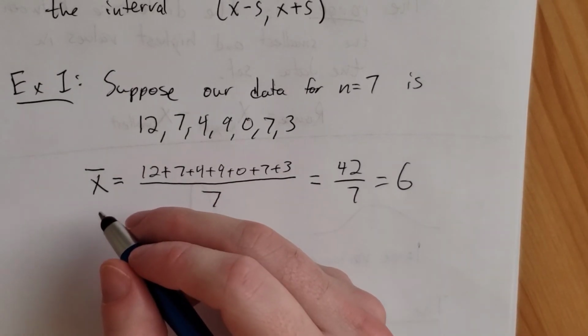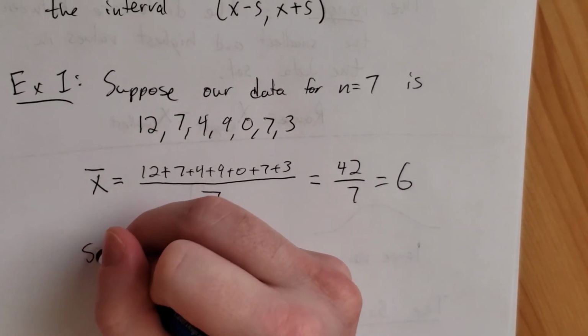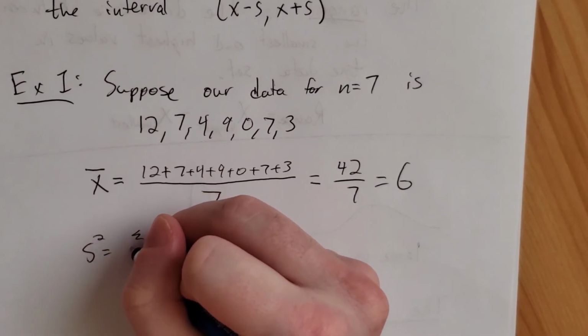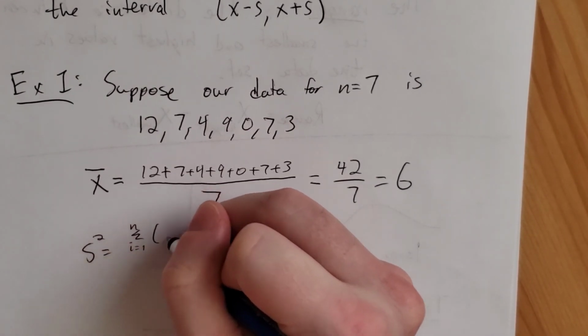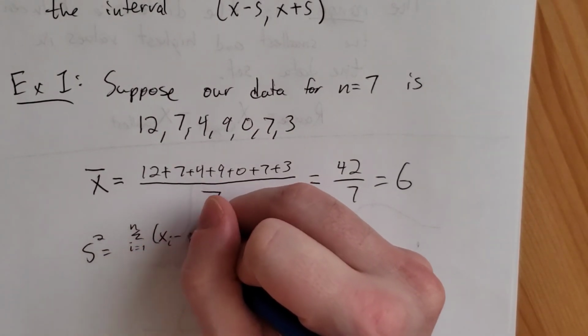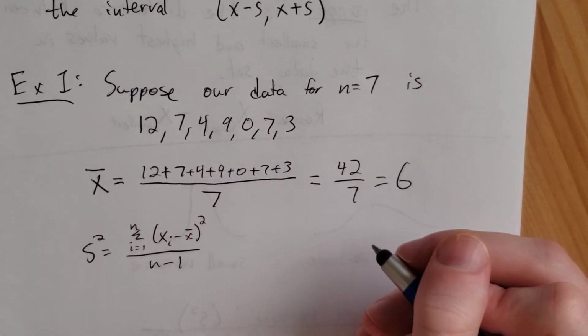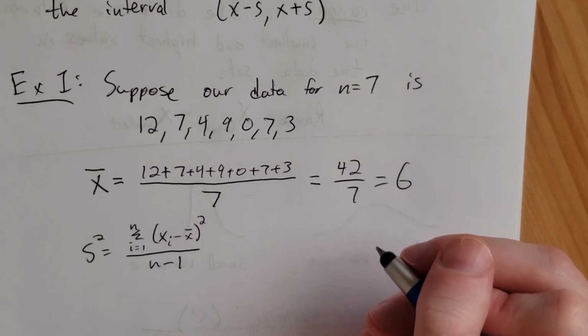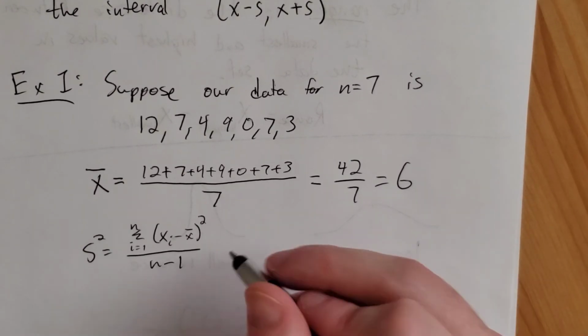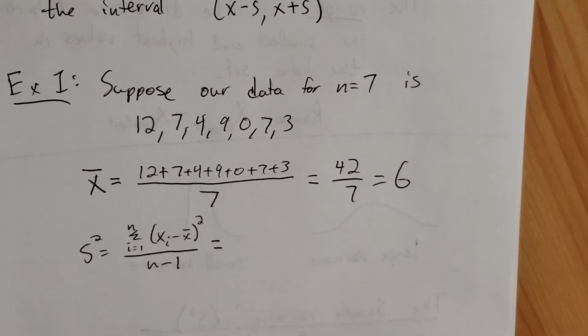And now to find s squared, this is the sum from i equals 1 to n of x sub i minus x bar, all squared, divided by n minus 1. And so what do we get here?